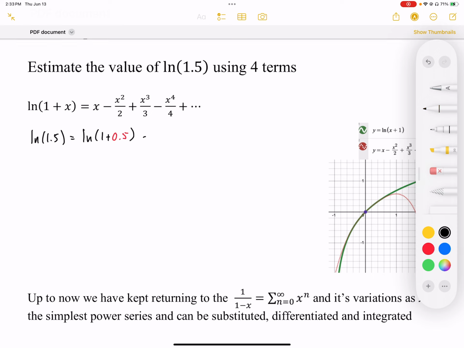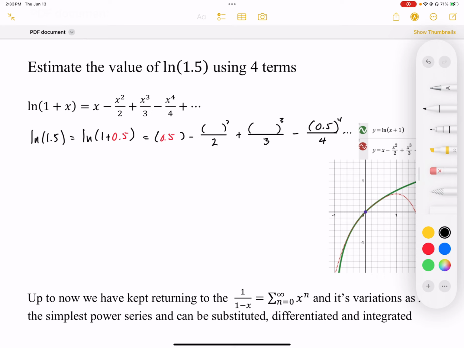So we put 0.5 into the log function, which means we can put 0.5 into our series function. So we get 0.5 minus 0.5 squared over 2 plus 0.5 cubed over 3 minus 0.5 to the power of 4 over 4 and so on.